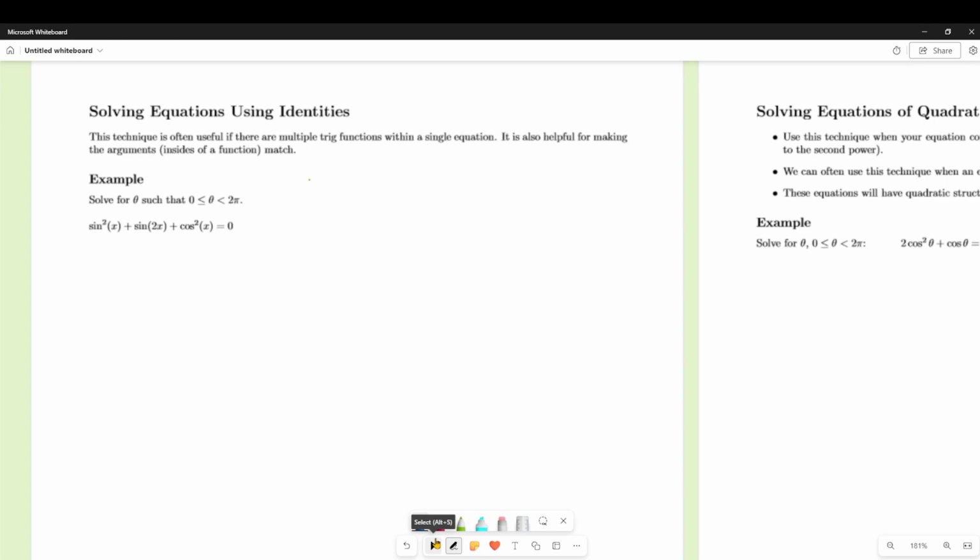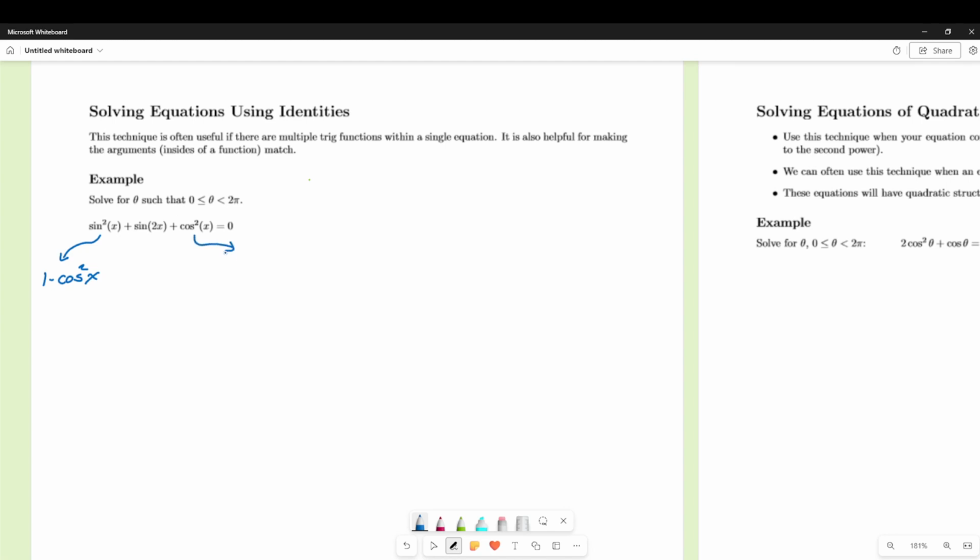For example, looking at this problem, we might see sine squared and think, hey, we can make that equal 1 minus cosine squared x if we wanted to. It would still be plus sine 2x plus cosine squared x equals 0. But that might be helpful. It might not be helpful, but it's certainly something we could do.